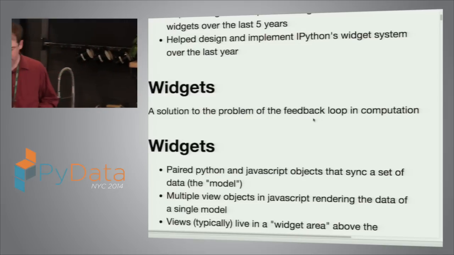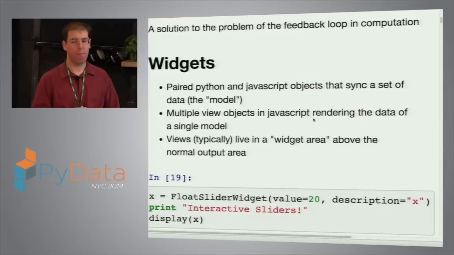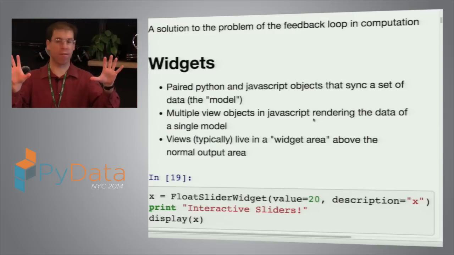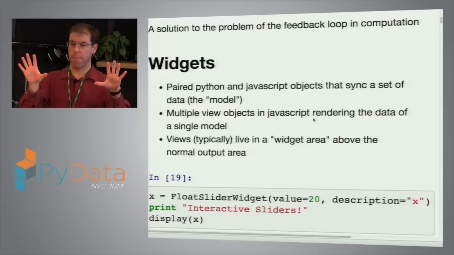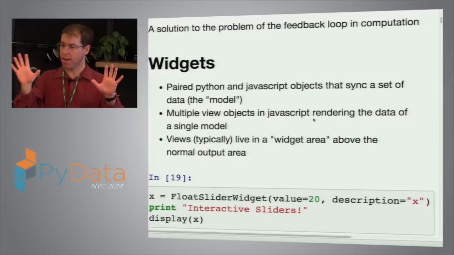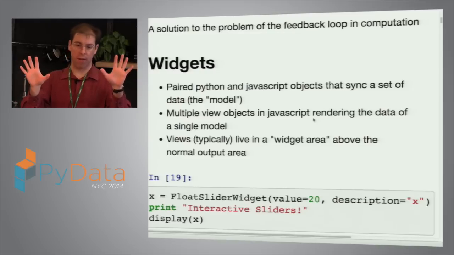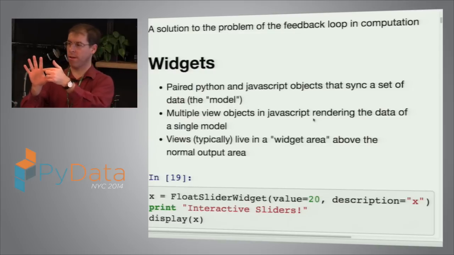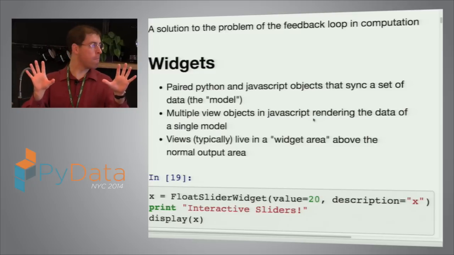So the big idea behind widgets is we've got paired Python and JavaScript objects that sync a set of data. So you have a Python object and a JavaScript object, and they share some attributes that are automatically synced back and forth. What this means is your back end and your front end share a set of data that can change. It can change on the front end and be automatically reflected to the back end, and it can change on the back end and be automatically reflected on the front end.